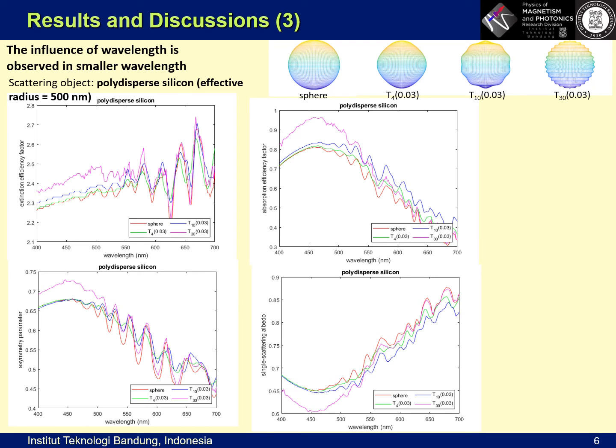Then, we found that the influence of wavelength is observed in smaller wavelength. In this calculation, we use polydispersed silicon as the scattering object.